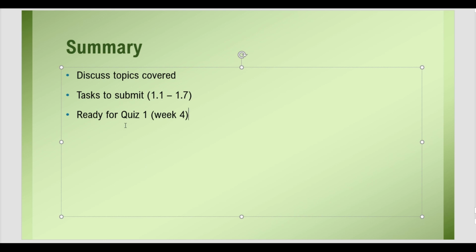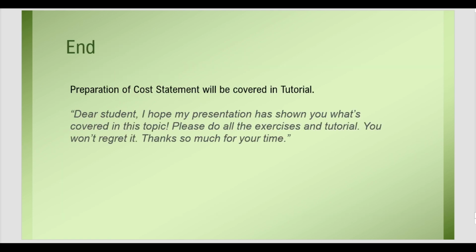Don't worry, you have one more class under this topic, which is the tutorial class. During the tutorial class, we will learn how to prepare our cost statement. So in the end, preparation of the cost statement will be covered in the tutorial.